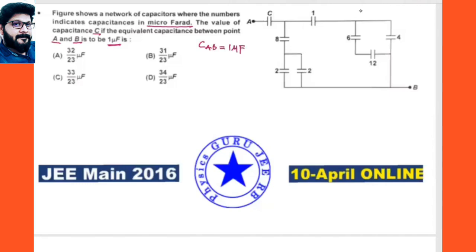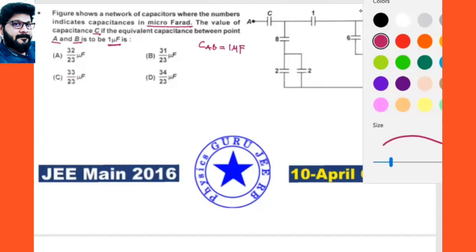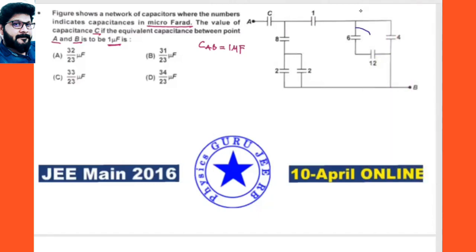Now let me take first these two. Are they in series or parallel? Can anybody tell? 6 and 12, are they in series or parallel? Series. Can you tell me what effective capacitance we get for that? 6 into 12 divided by 6 plus 12, which is 18.